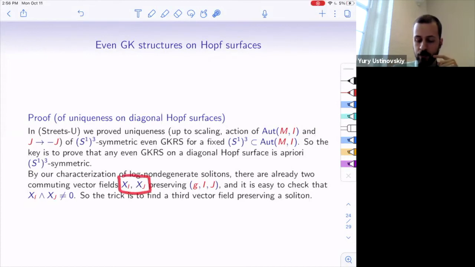We already have two commuting vector fields which preserve the entire structure. It has to be done, but it's not that hard to see that these are generically linearly independent. So you already have two-dimensional symmetry, which a priori has to preserve your soliton. To finish the job, we need to find a third vector field preserving the soliton. If we can prove that, then we'll be done.